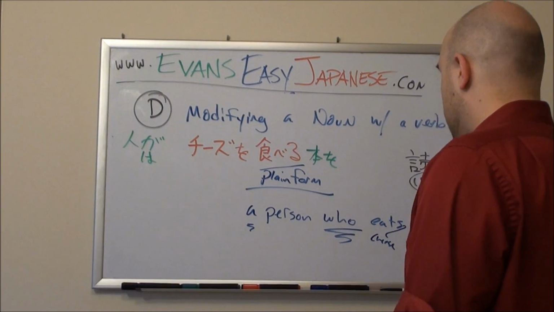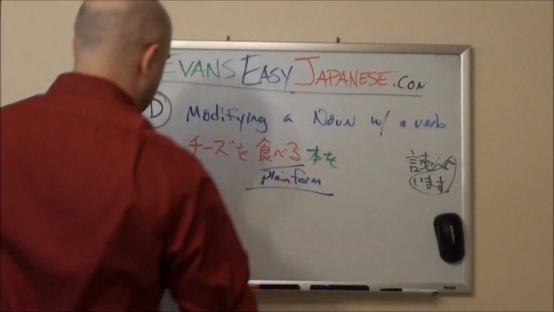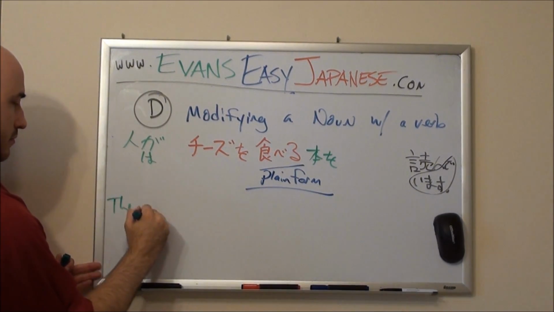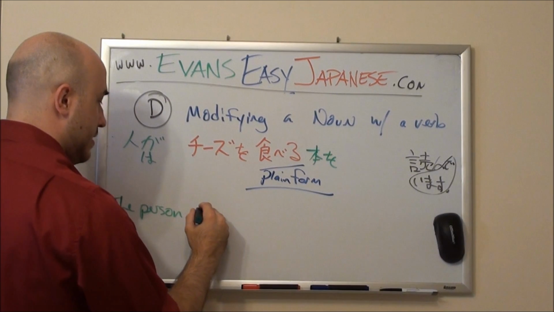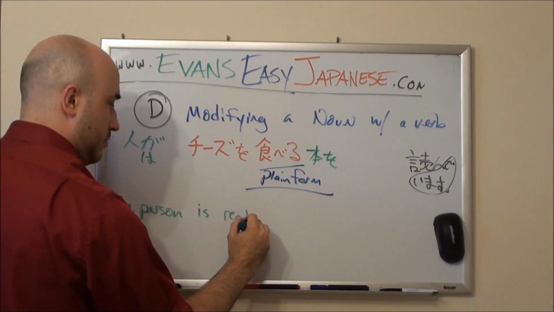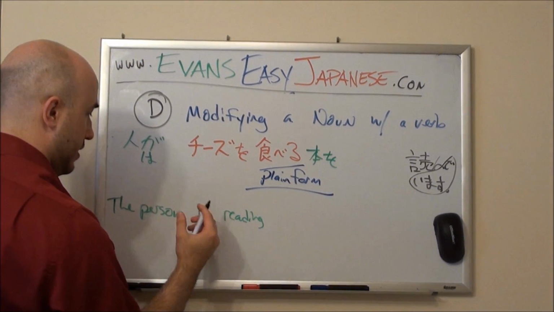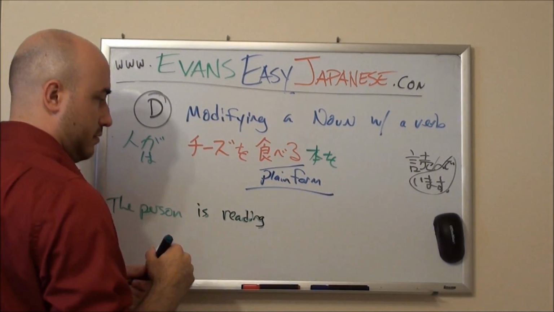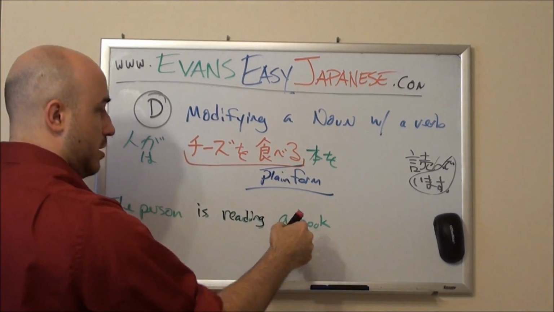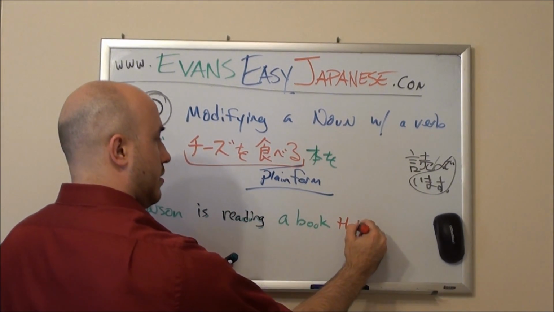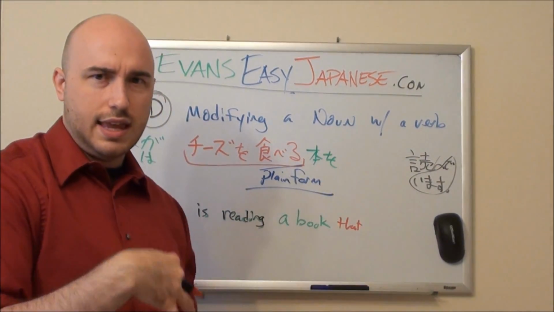So this sentence is now the person, and because the verb is yondemasu, is reading a book. And then this whole clause, remember we're calling this a clause, is going to be added here, that. Notice how in English if it's a person we say who, and if it's a thing we switch to that.